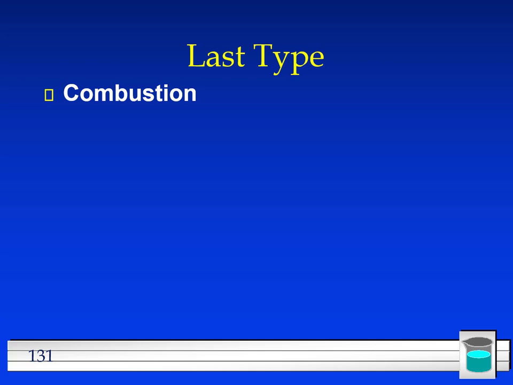So, when you think combustion, what word comes to mind? Fire, right? So, we got our fire triangle. What does it take to have a fire? Oxygen, fuel, heat. You got to have all three of those pieces.